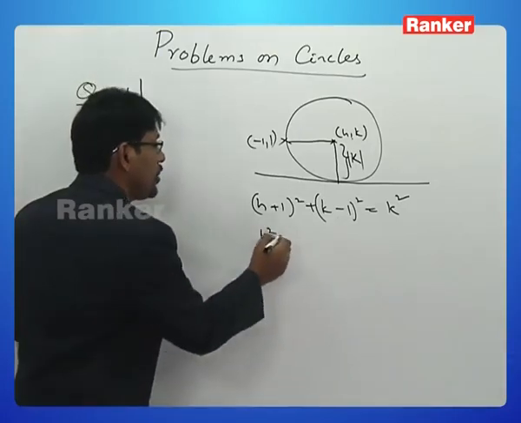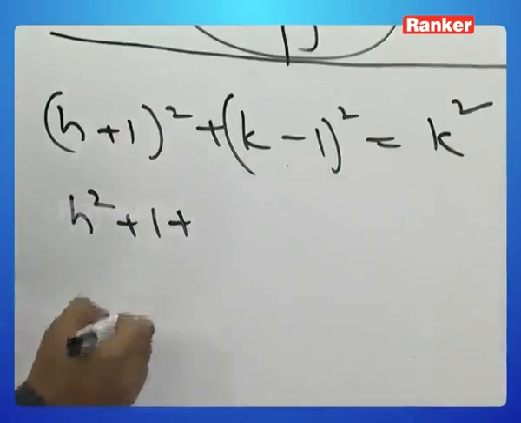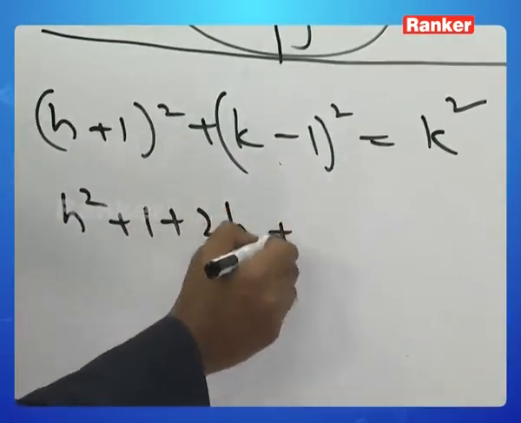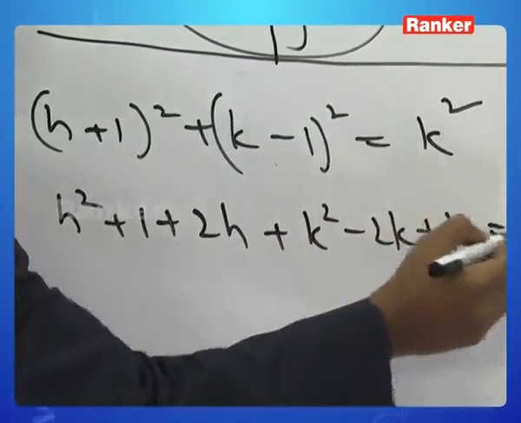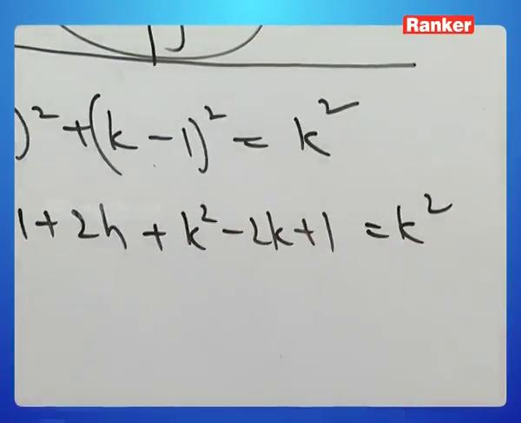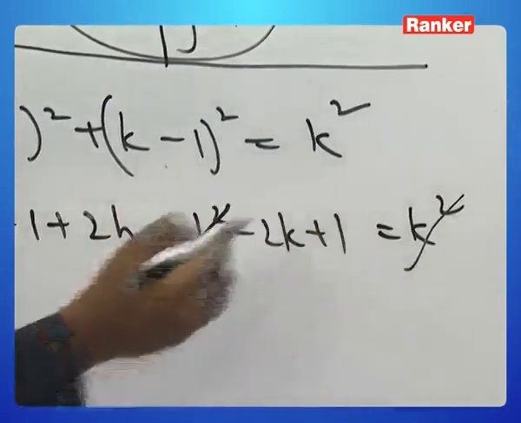So what do we have? h square plus 1 plus 2h plus k square minus 2k plus 1 is equal to k square. Clearly this k square and k square we can cancel out.